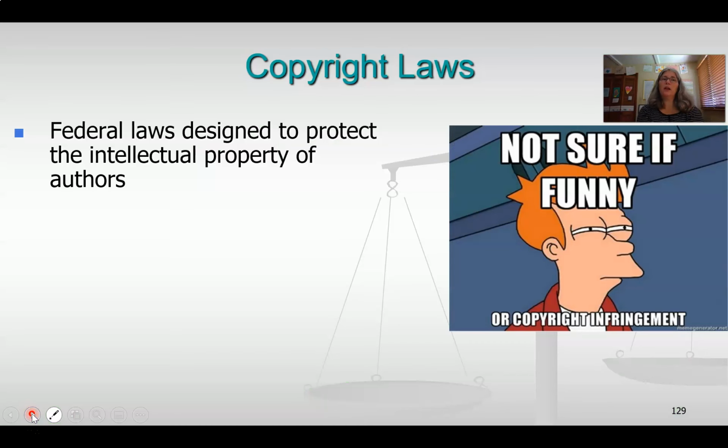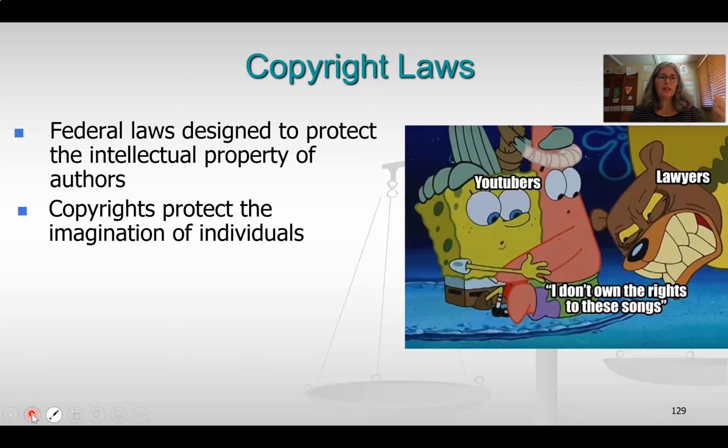Copyright laws are laws made by the federal government to protect other people's intellectual property, which does include their blogs, their pictures, their videos, their things that they put on the internet. It is meant to protect the imagination of these people. So if you have someone that is working really hard to create a YouTube channel with their own original content, you can't simply take their content and try to sell it or use it somewhere else.